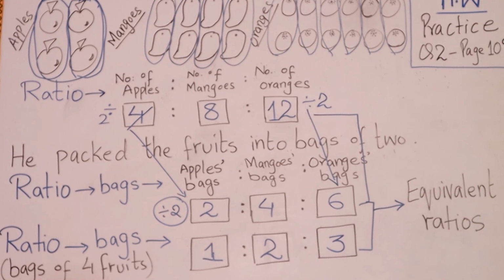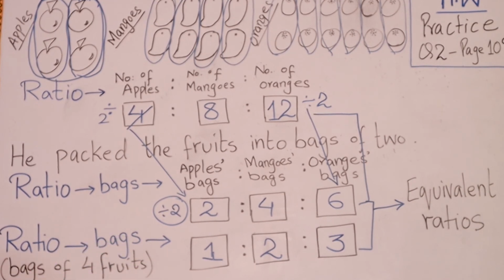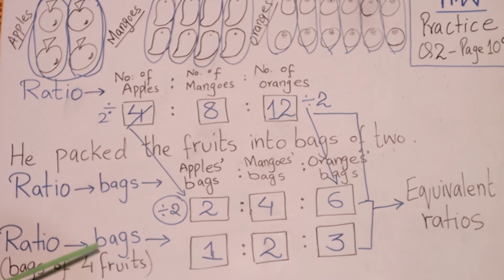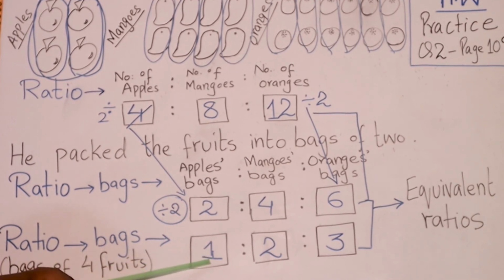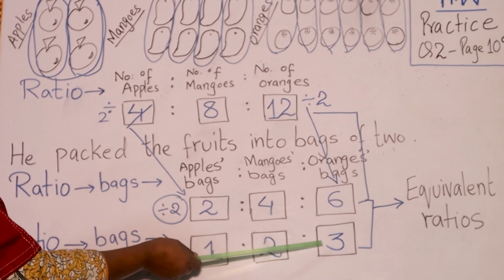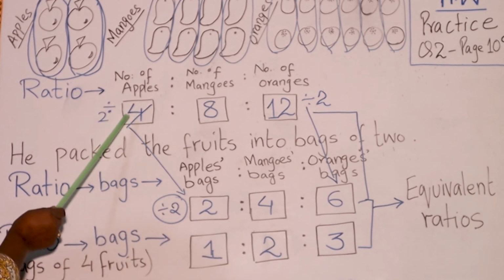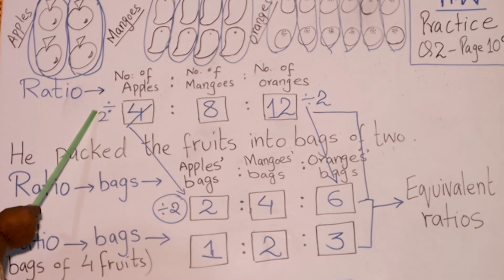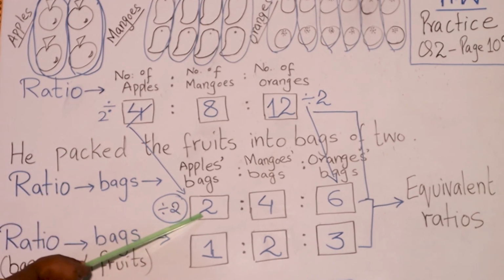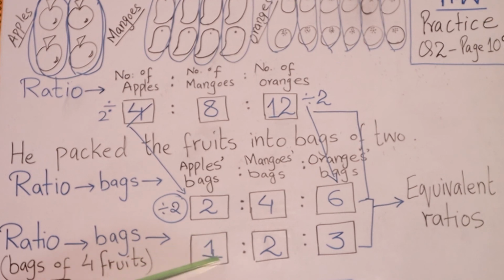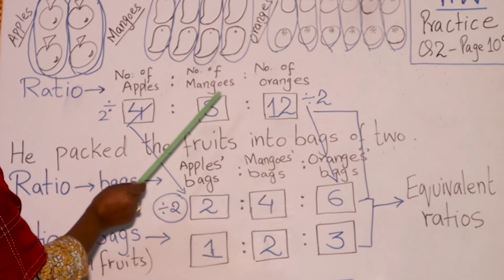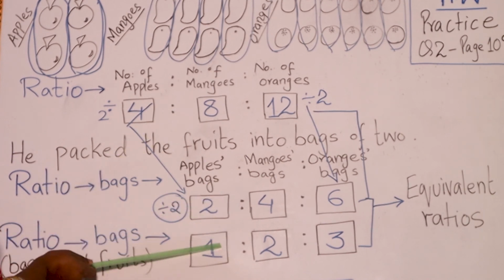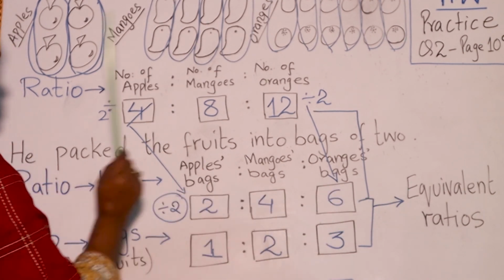Then he changed his mind and packed 4 fruits in a bag, and he got the ratio 1:2:3. If you observe, we divide the first ratio by 2 and get the second ratio. When we divide the second ratio by 2, we get the third ratio, that is 1:2:3. All these ratios are called equivalent ratios.